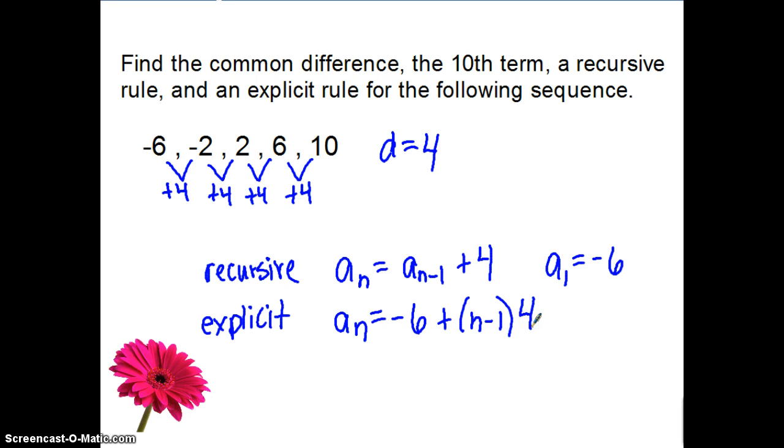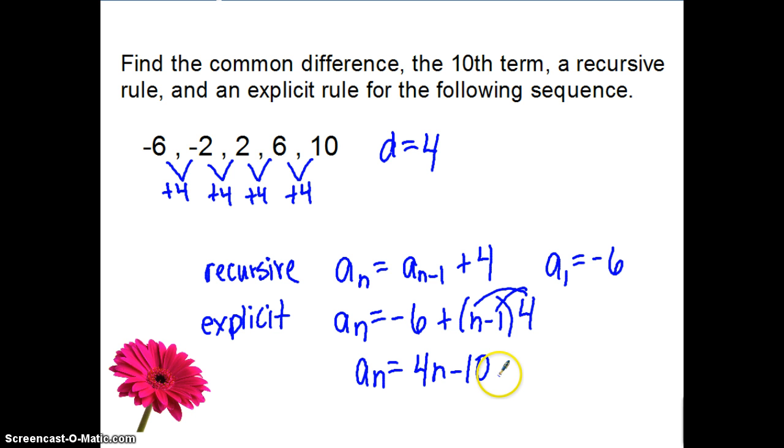Alright, so we could simplify this just a little bit if we wanted. If we distributed the 4 and rearranged it to be in the order that we normally see it, 4 times n is 4n. The 4 times the -1 is going to be -4, put together with the -6 is going to be -10. So now I have an explicit formula that I could plug any number into.